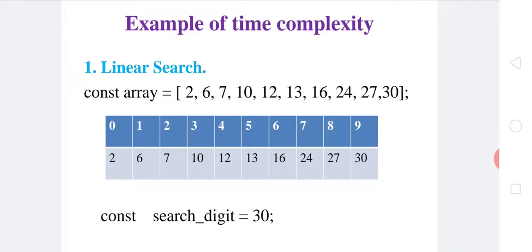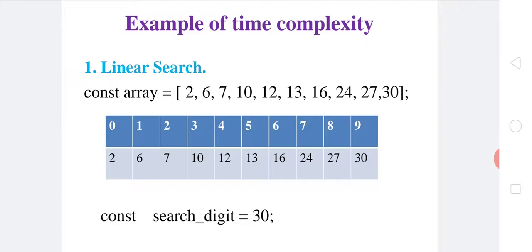The search number 30 is compared starting from the 0th location up to the last location, the 9th location. The 0th location element is 2, so the search number 30 is compared with 2: is 30 equal to 2? No. Then it goes to the next memory location, which is first.